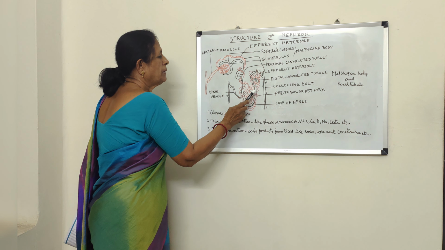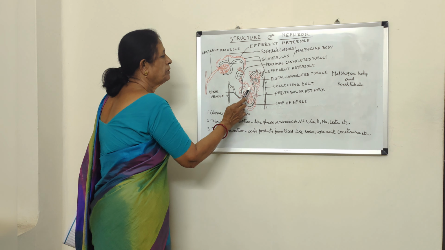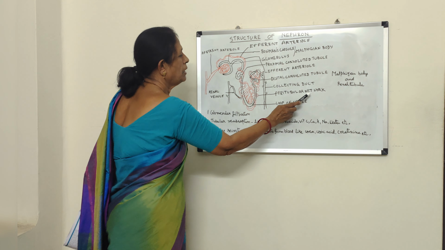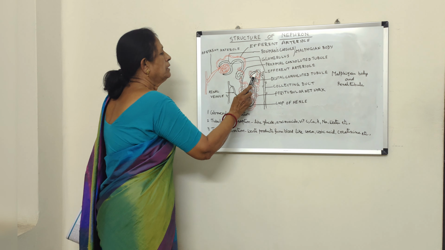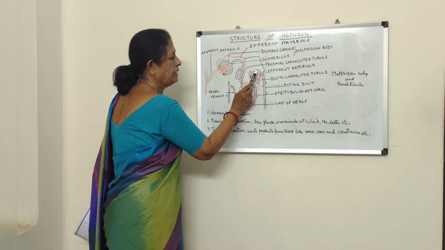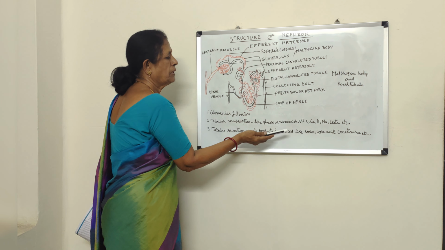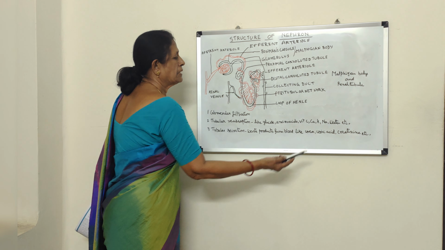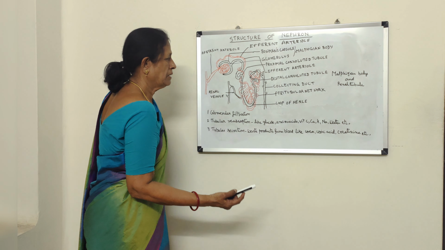The blood forms a network around the renal tubule, which is called the peritubular network. So here the blood vessels release waste products like urea, uric acid, creatinine, etc.